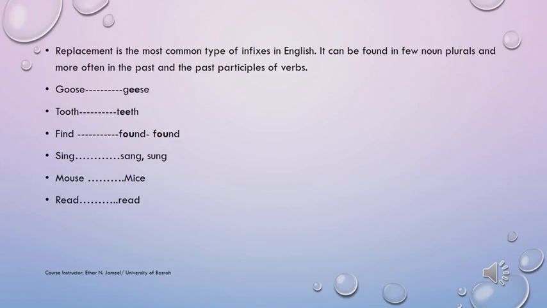So read consists of two morphemes, read and e, the infix that indicates past or past participle.